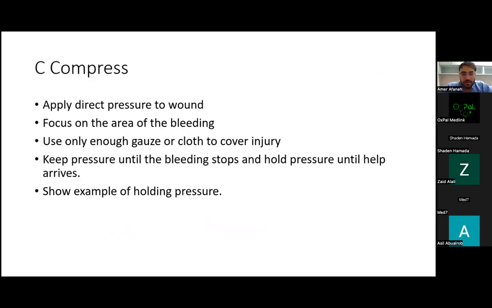So when we go on to C, so compress, you teach applying direct pressure to the wound, focus on the area of bleeding, use only enough gauze or clothing or cloth to cover the injury, and then keep pressure until the bleeding stops and hold pressure until help arrives. So when we give this course, we have these little dummies that we can teach this.